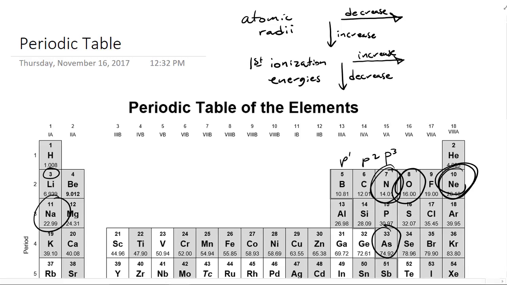So let's write out electron configurations for each one of these. It's easiest to start with the electron configuration for tin.